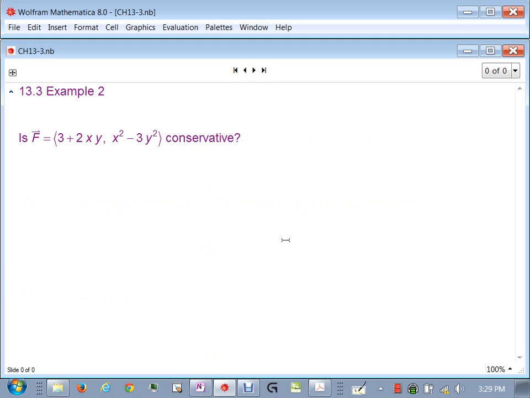So is this conservative or not? If I give you this vector field, is that conservative? So what are you going to check?